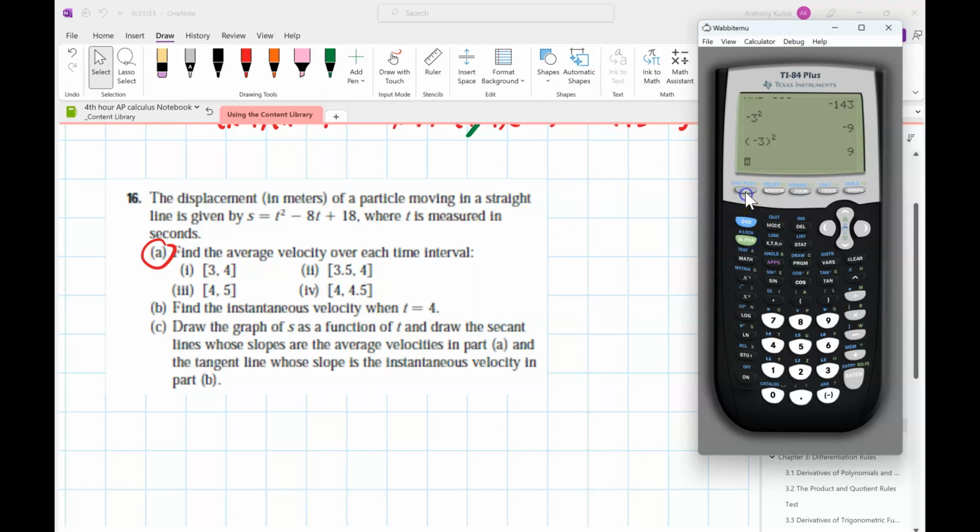So I'm going to do the fraction command, and I'll do vars, y vars, function y1 of x2 minus vars, y vars, function y1 of x1, over x2 minus x1. And now I'm just going to go in and update the 3 to be 3.5, and then 5, etc.